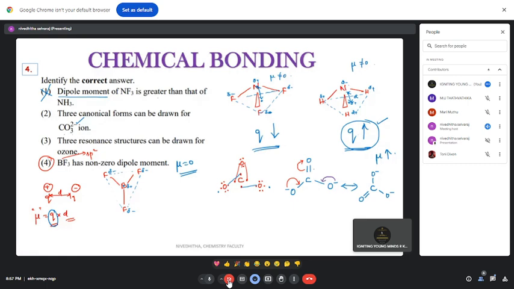Similarly, this chemical bond, that is the pi bond of carbon and oxygen, may move to the oxygen atom itself. So what will be the next resonating structure? C, single bond O minus, double bond O, single bond O minus. So these are the three resonating structures of carbonate ion, and there are no more canonical forms for this carbonate ion. The statement, three canonical forms can be drawn for carbonate ion, is true.